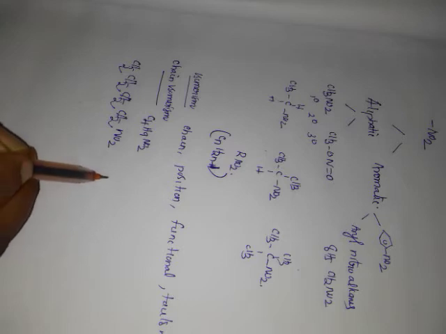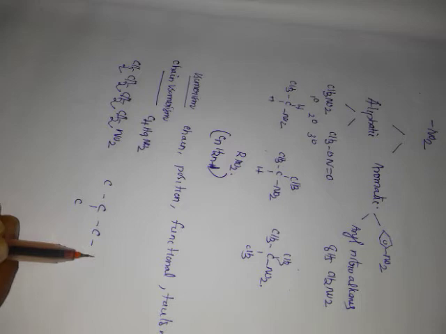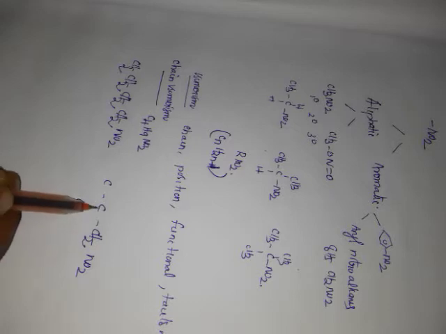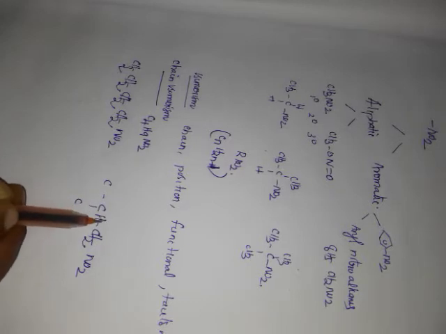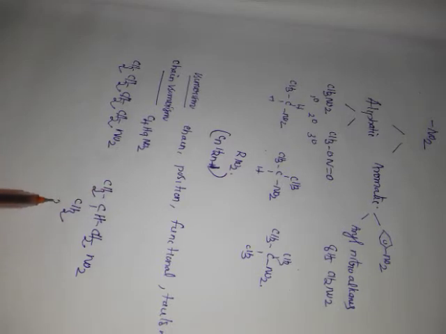The other way of writing: balance it. This carbon 2 bonds, H2. This carbon 3 bonds, H. This carbon only 1 bond, H3. This carbon only 1 bond, H3.